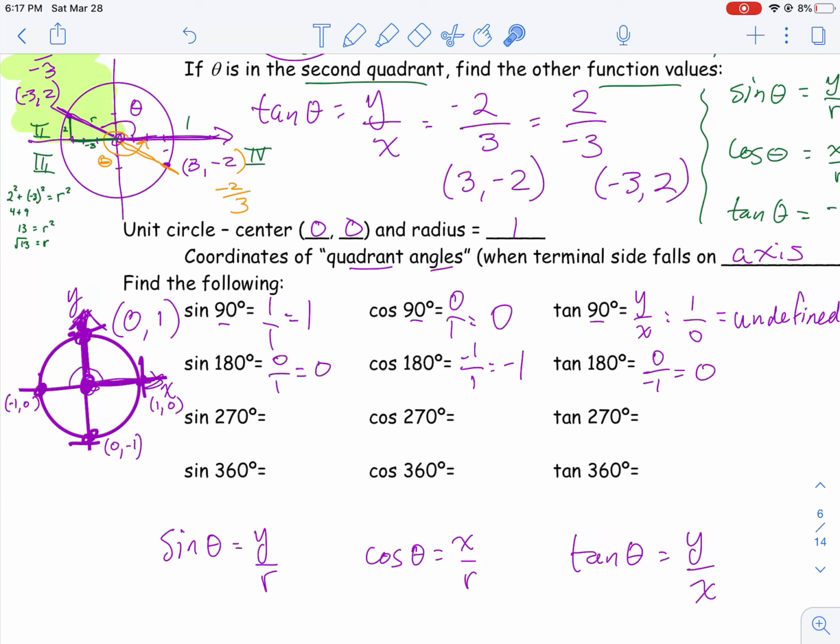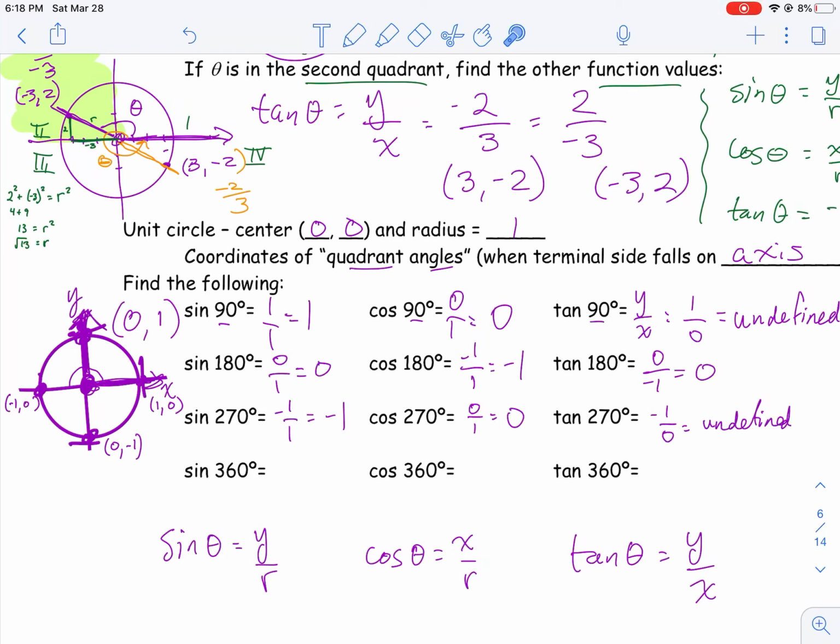Sine of 270, we're down here now. My y value is negative 1, my radius is 1, my x value is 0. So sine, y over r, is going to be negative 1 over 1. Cosine, my x is 0 over 1, 0. Tangent, y over x, I have negative 1 over 0, undefined.